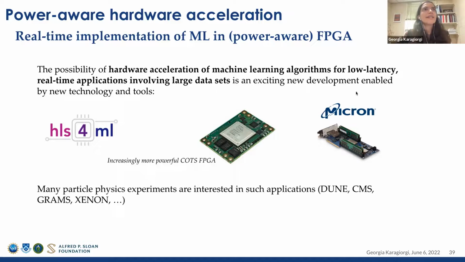And this is an exciting new development that's enabled by this new technology and tools. And this is a direction in which many particle physics experiments are turning, not only DUNE, but also the CMS experiment at the LHC, and other, for example, balloon or satellite deployed instruments such as GRAMS, or deep underground dark matter detectors such as Xenon.